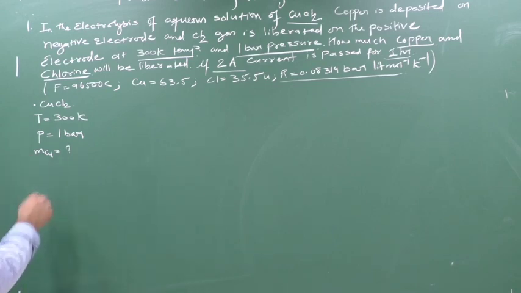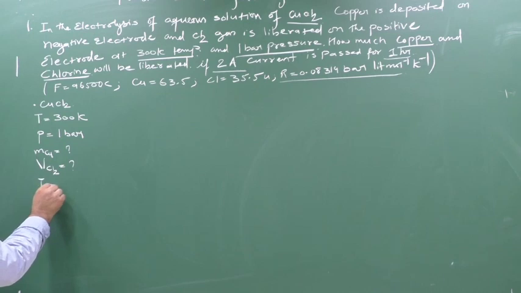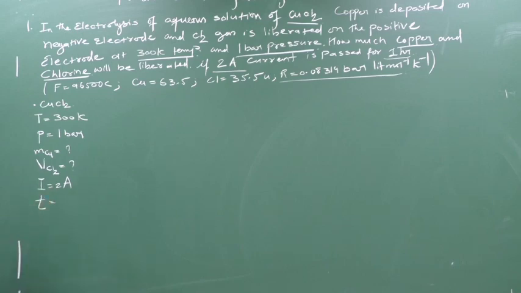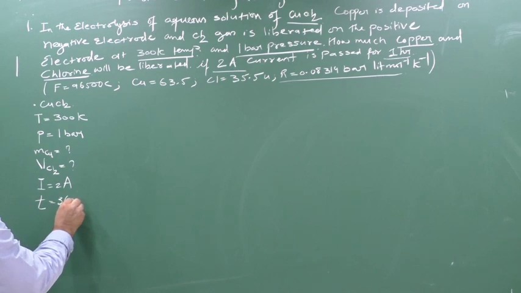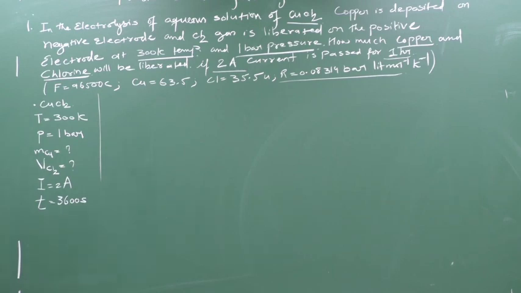And chlorine is a gas, so gas should be calculated in volume. So V of Cl2 will be liberated if a 2 ampere current, I equal to 2 ampere, is passed for time t. Time is 1 hour, but always the time should be taken in seconds, that is 3600 seconds. Clear?